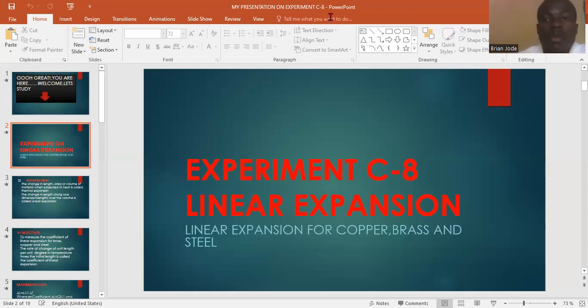Then we will be able to get data, and we will come up with the analysis to reflect our objective, and we shall also compare our result with the standard or theoretical values, and come up with a conclusion.